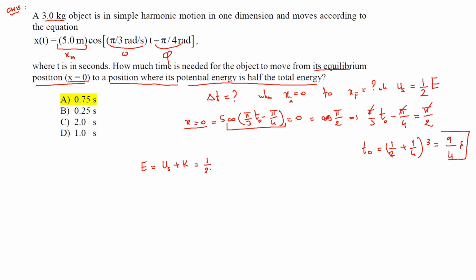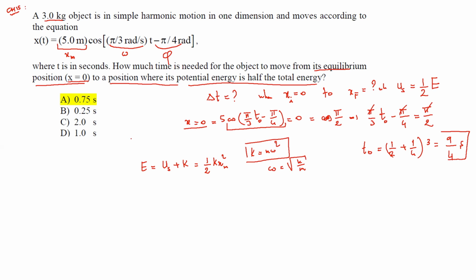It's equal to half k x max squared. Do you agree with me? And you remember that k is m omega squared. Meaning omega is square root of k divided by m. Bottom line, the mechanical energy is constant, and it's equal to half k x max squared, x max here being 5.